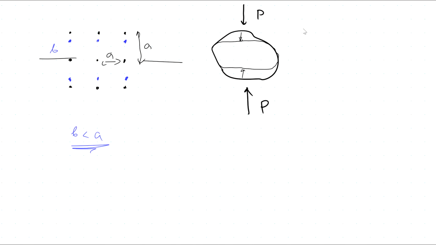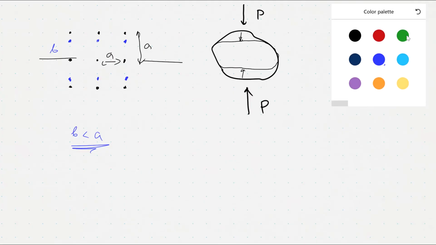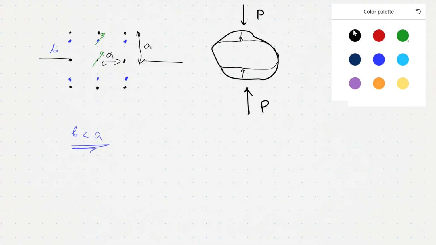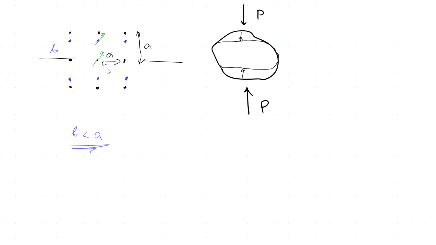So what would happen is that you would move magnetic moments. Notice that these atoms are magnetic moments. You would move magnetic moments closer together, but only along one direction. So what it would mean is that now your atoms are closer in the vertical direction and further apart in the horizontal direction.